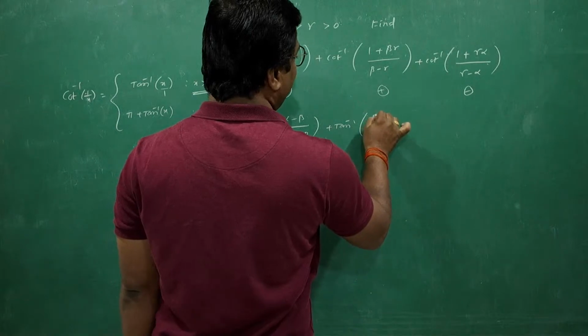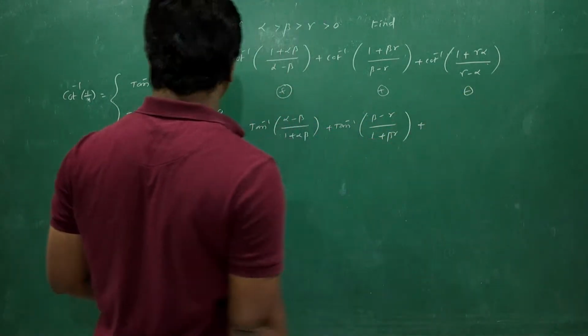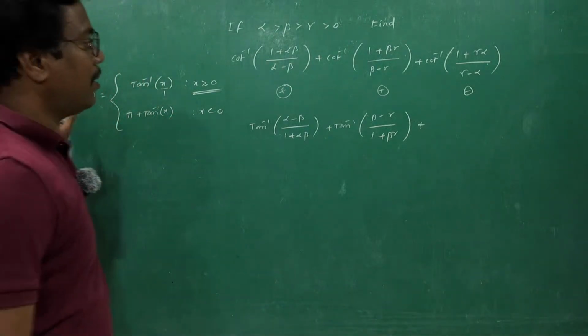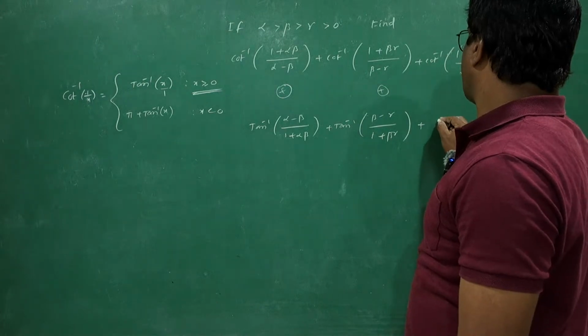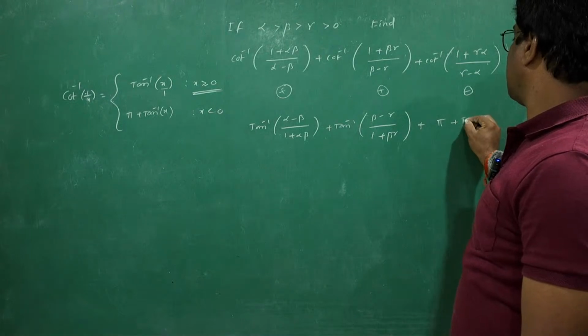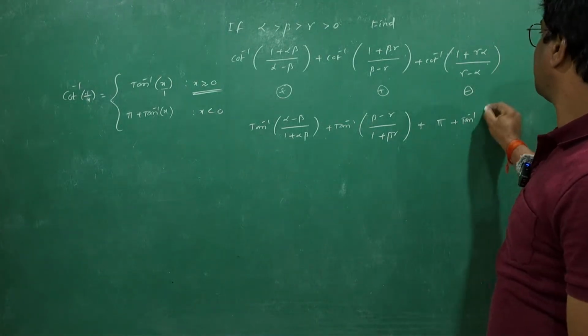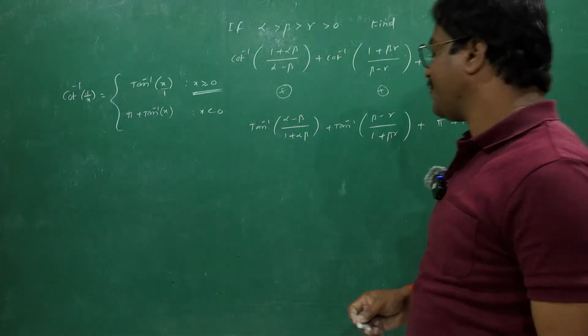Tan inverse of (beta minus gamma) divided by (1 plus beta gamma), and this one is a negative input. For negative input, by this definition, pi plus tan inverse of (gamma minus alpha) divided by (1 plus gamma alpha).